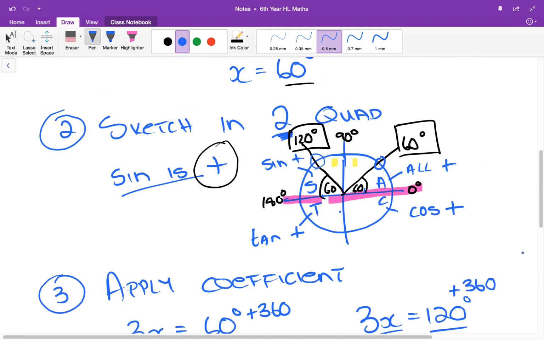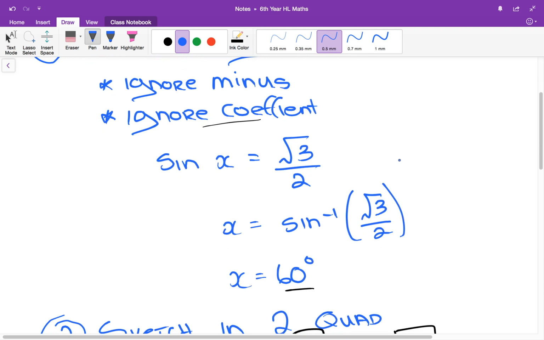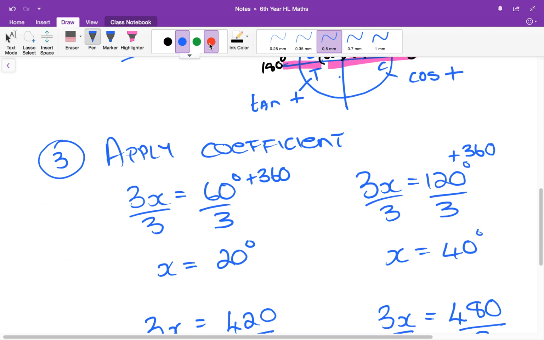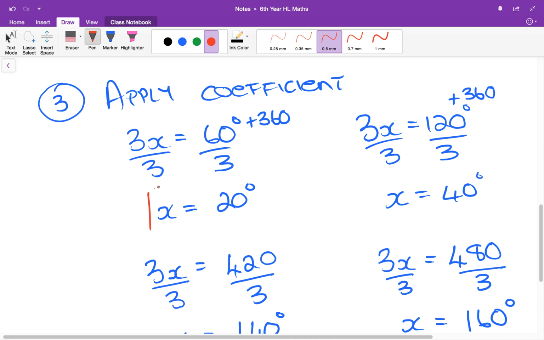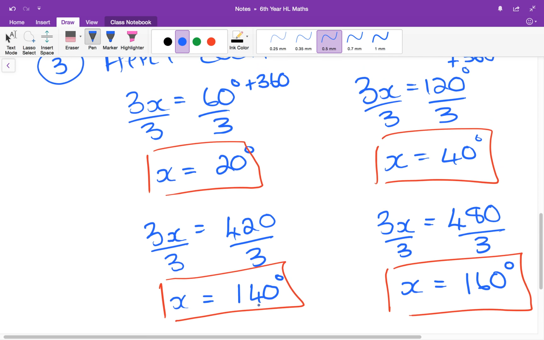Now, we were told in the question that x must be between 0 and 360. So far we have 4 answers: 20, 40, 140, and 160. All are between 0 and 360, which means they all work.